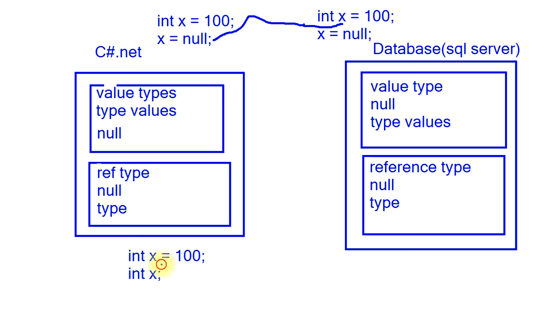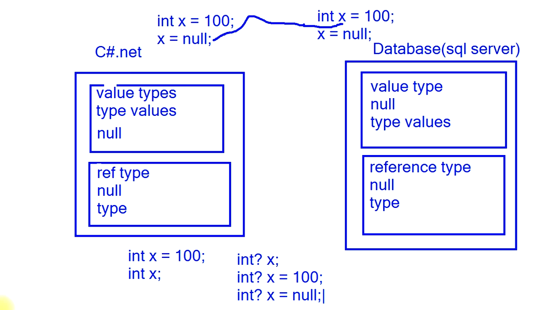If you declare it like this, int question mark x, int? x equal to 100 or int? x equal to null, you are saying that you want to store null values also inside value types.